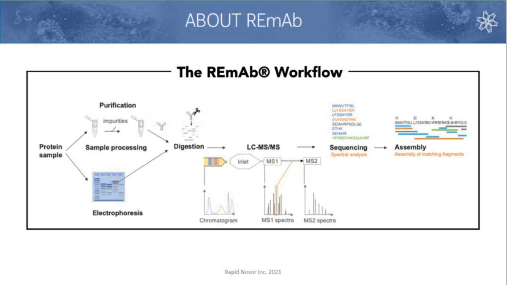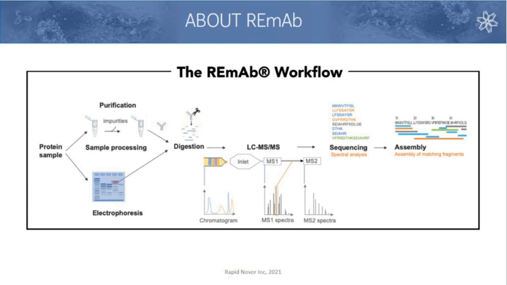But the problem might be that they can't test it or use that antibody anymore for one reason or another. And so they'll come to us and say, Anthony or Rapid Novor, I've got a little bit of this antibody left. I would like to try to capture that antibody's amino acid sequence so that I can create a recombinant. And indeed, this is where we see a lot of interest, and we've been able to help so many different clients over the past several years.